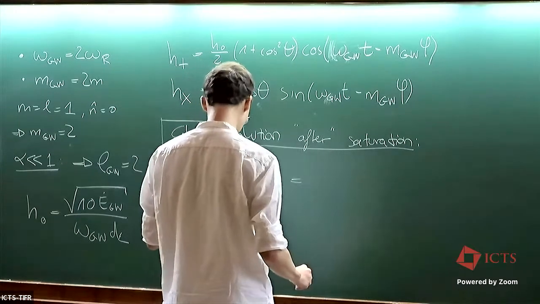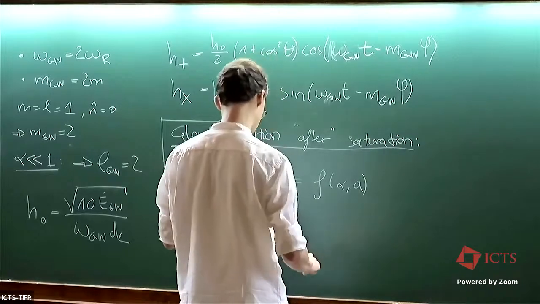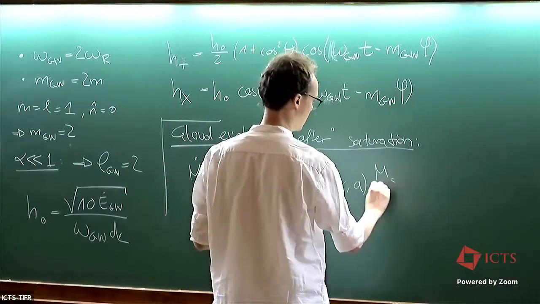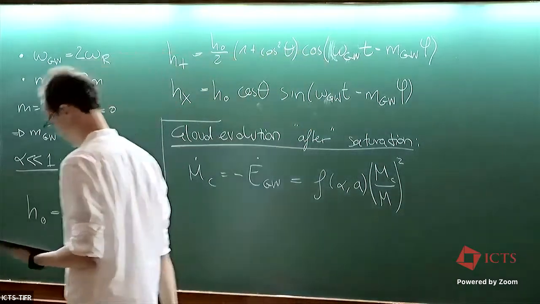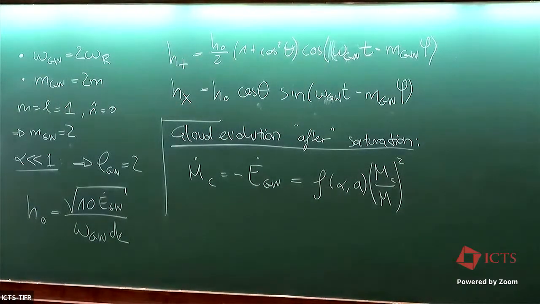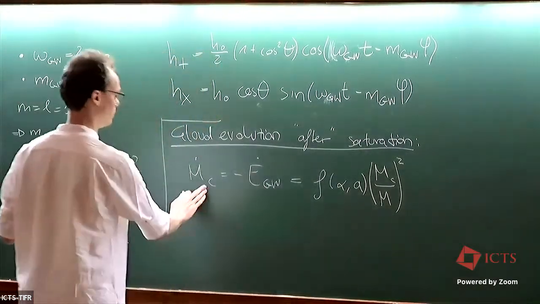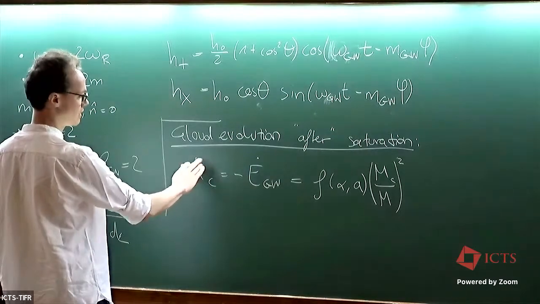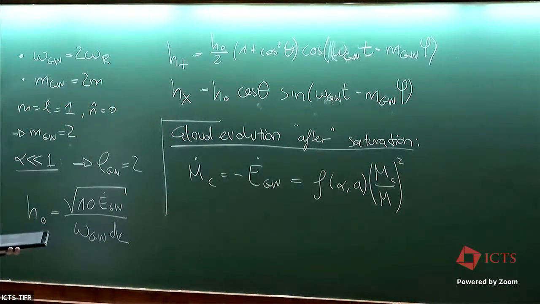And so this is some function of alpha, some function of spin, times the cloud mass over black hole mass squared. So basically, this is just an ODE: you have M_C dot over here, then you have an M_C squared over here. So it's just a matter of solving that ODE.